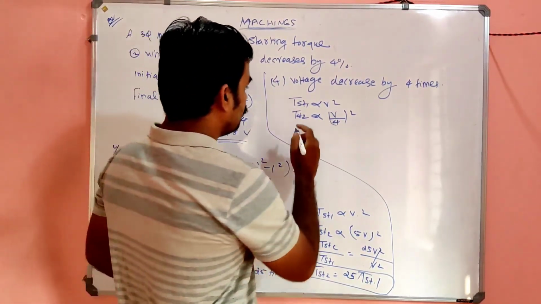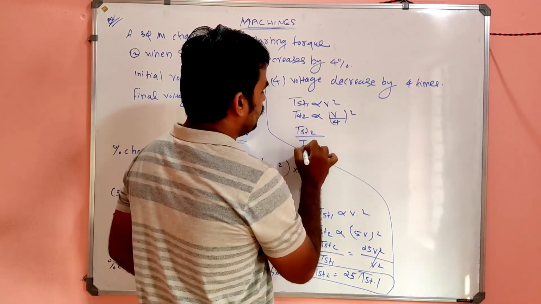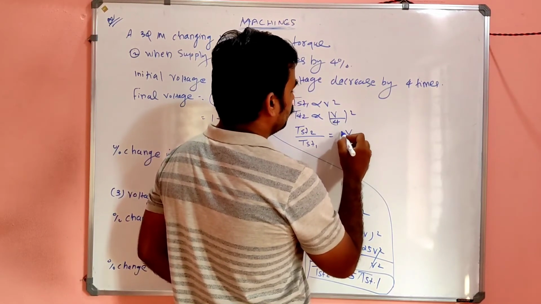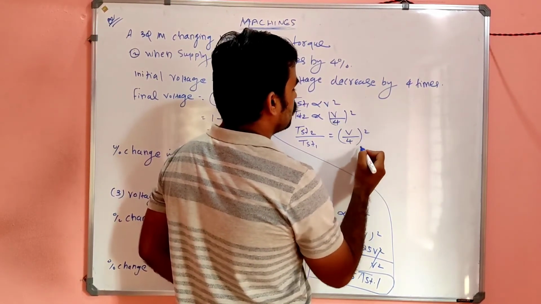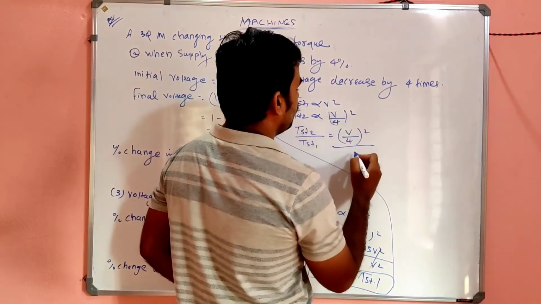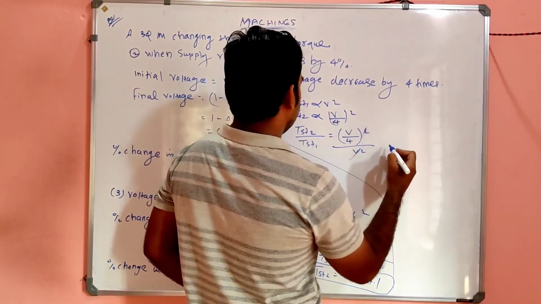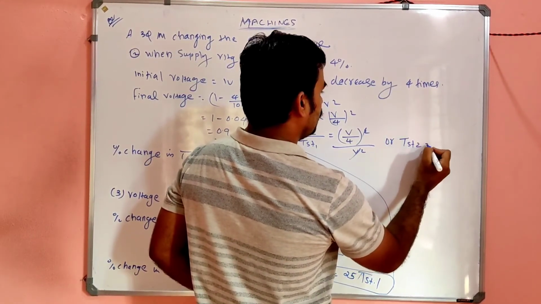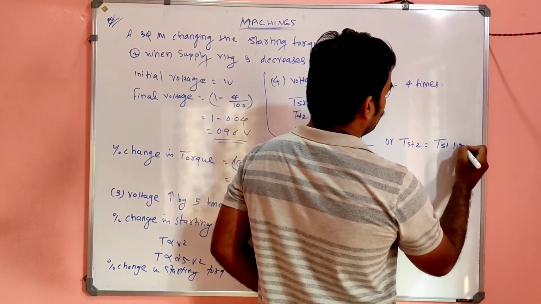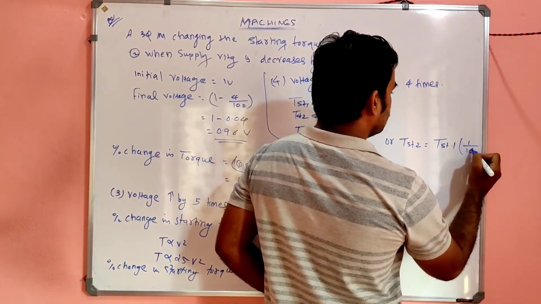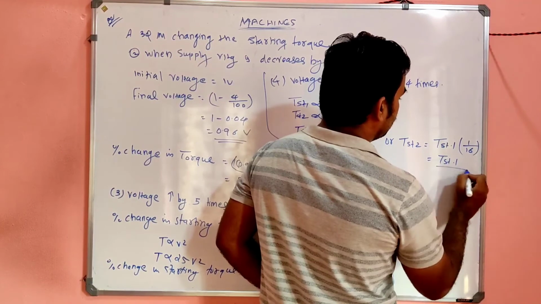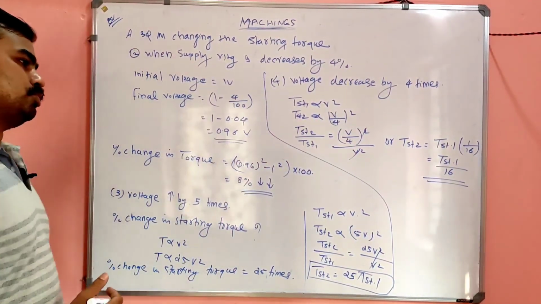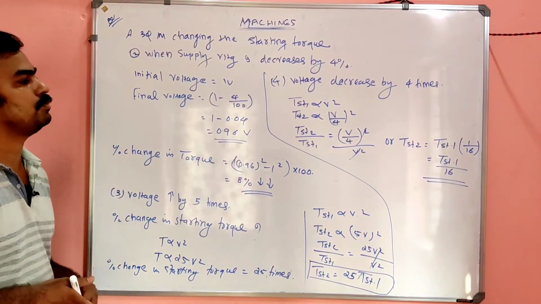Am I correct? So T start 2 divided by T start 1 will be equal to V by 4 the whole square divided by V square. So T start 2 will be equal to T start 1 into 1 by 16, or simply T start 1 by 16. So 16 times it is reducing.